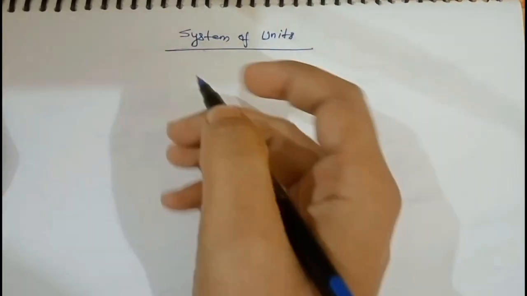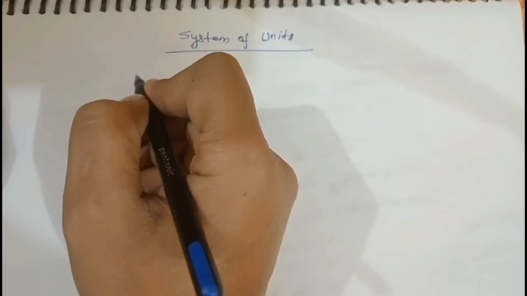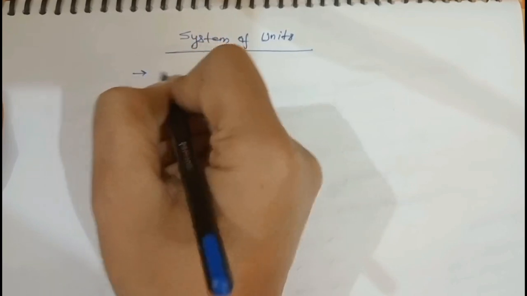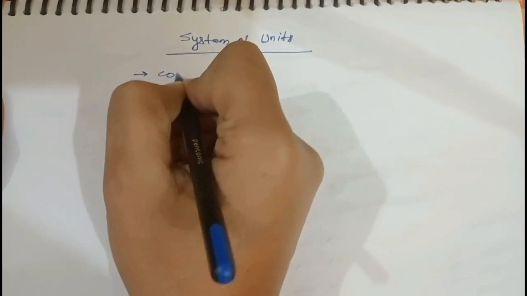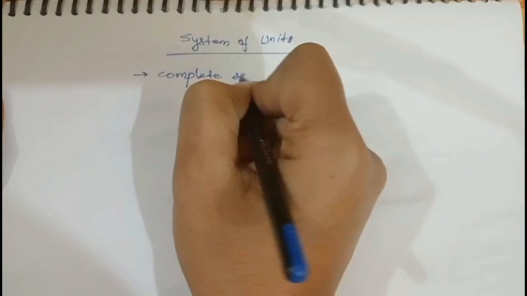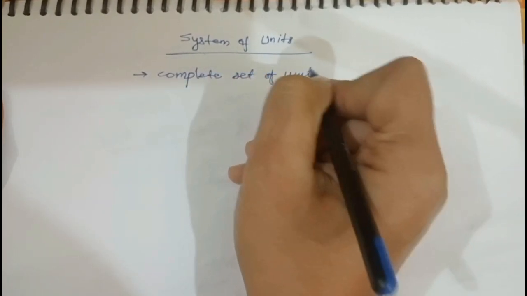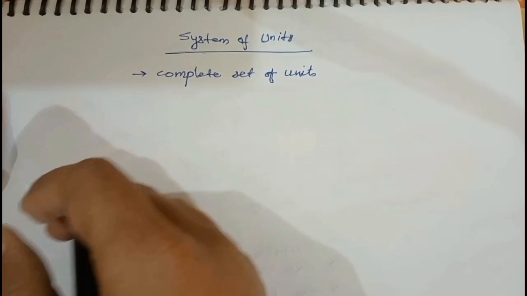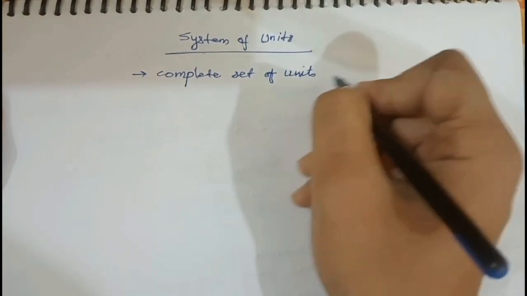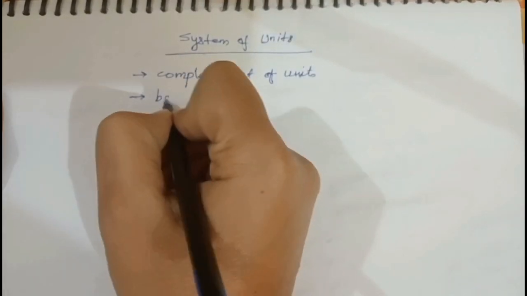Let's see system of units. A system of units is a complete set of units, both fundamental and derived, of all kinds of physical quantities.